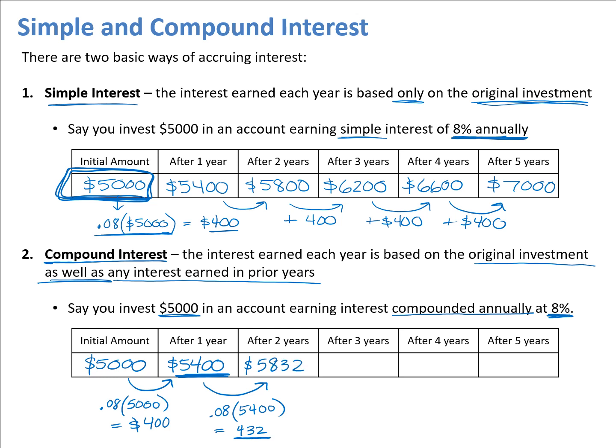So I'm actually earning more than I did up above with simple interest because I'm earning interest not just on the original amount, but the interest I earned during year 1. So I'm earning interest on more money, and because it's more money, I get more interest.